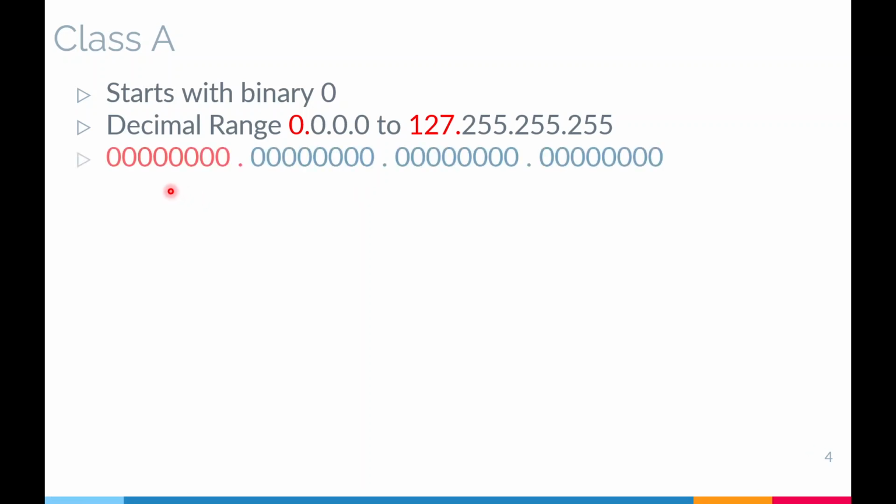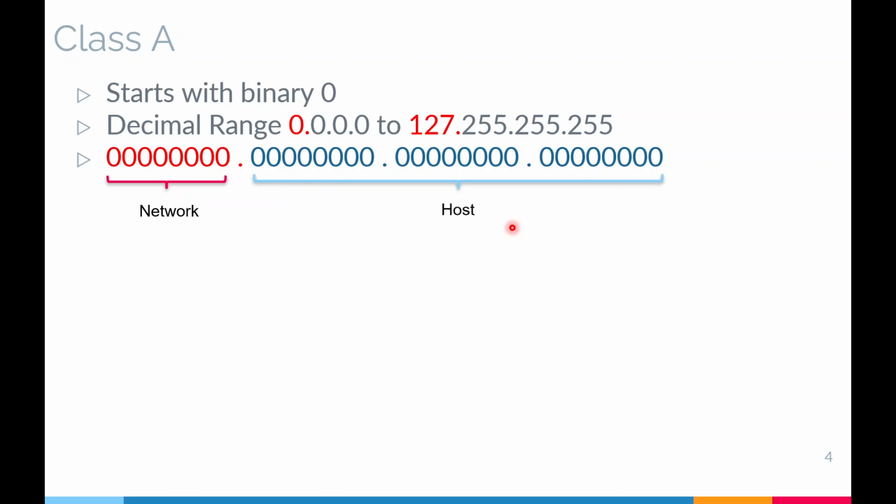So, here's another example wherein I have made a binary representation. Everything is 0 here, but it's just to show the representation of octets in the form of 4 octets. Now the red part defines the network portion and the blue part defines the host portion.